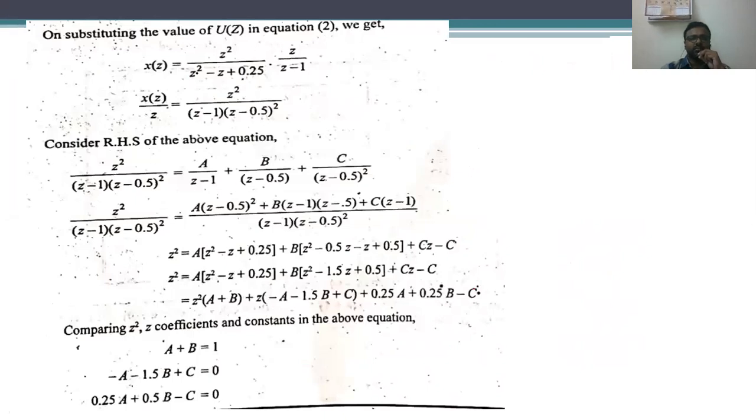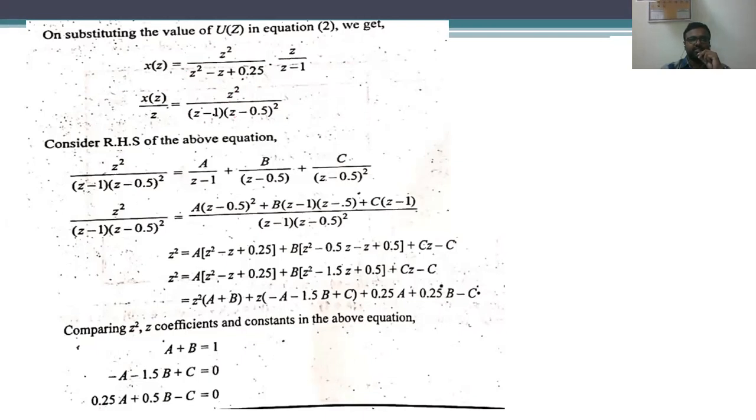That means x of z is equal to z square divided by z square minus z plus 0.25 into u of z. U of z value is nothing but the z transform of the step function, that is z divided by z minus 1. So in order to solve by the partial fraction method, we have to represent that particular equation as x of z divided by z is equal to z square divided by z minus 1 into z minus 0.5 whole square.